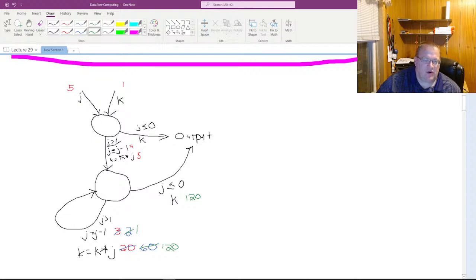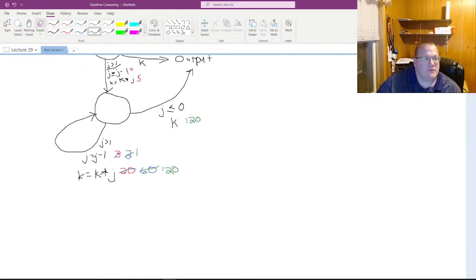In this case, this one required both. This one only requires one or the other. So that would be a little bit difference on that. And that's the reason why I didn't loop this back into itself, because it's a little harder to know when it should fire. Okay. That's the idea of a data flow computer.